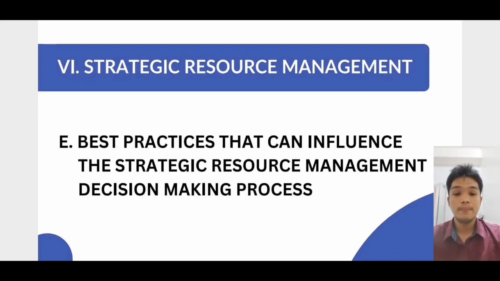Next are the best practices that can influence the strategic resource management decision-making process. First is understand which resources are in short supply and focus on them. This means identifying the resources that are scarce within your organization and directing your efforts and attention towards efficiently using and replenishing those resources.